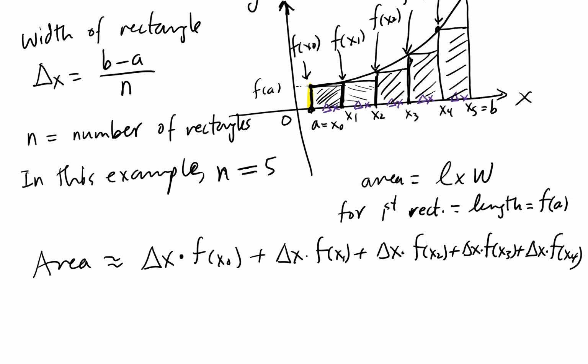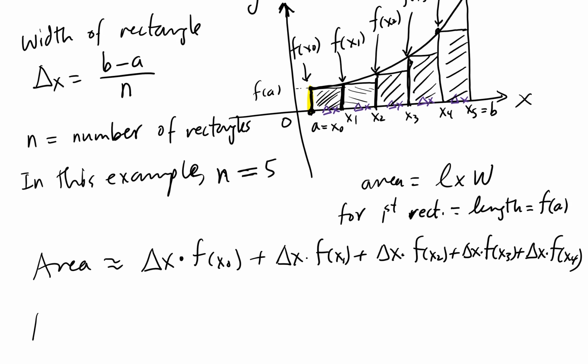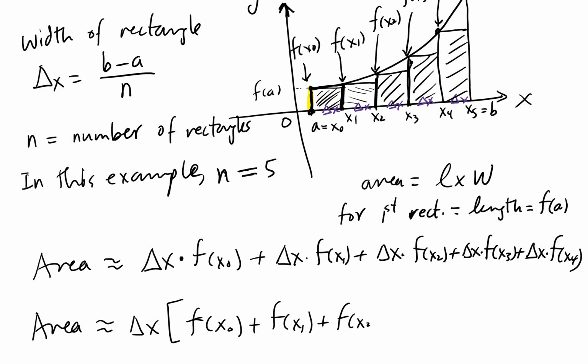So I didn't use the last one on the right. Keep that in mind. Then look what we can do with this. We can take out delta x among all of them, and that gives me f of x0 plus f of x1 plus f of x2 plus f of x3 plus f of x4.